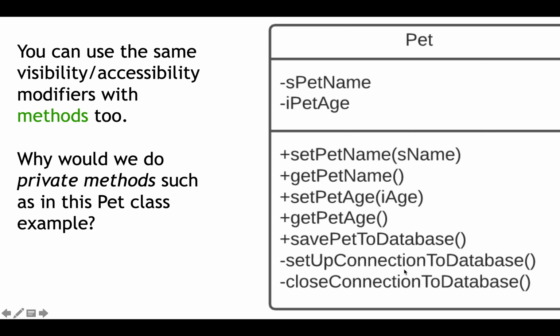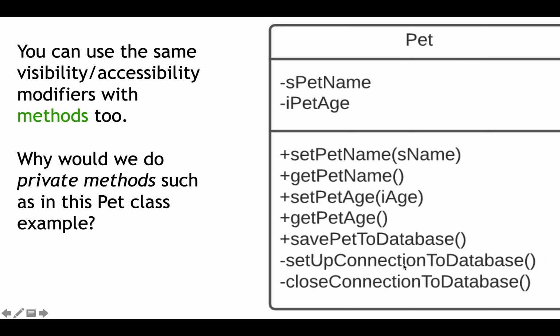So probably what would have happened is as the programmer was going through making the save pet to database code, they realized, maybe my method's getting a little bit long, so I'm going to grab some of that and put it in a separate method. And then maybe this code is a little long too.